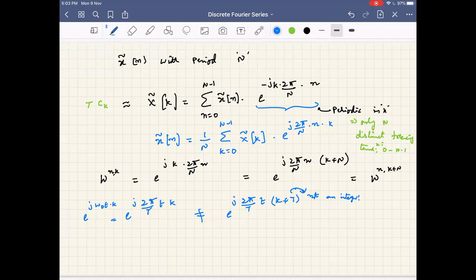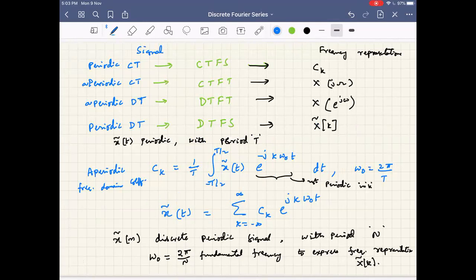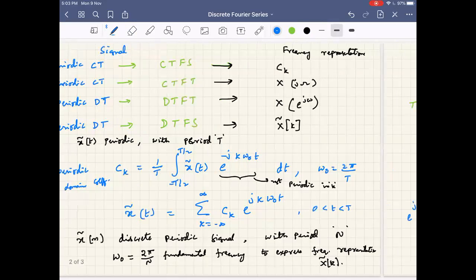So it is periodic in time domain, but not in the frequency domain. That can even be easily noted from here. This is periodic here, right? So that's why we are summing from minus infinity to infinity, the whole frequency content, to reconstruct the signal over a given period, where t may range from 0 to capital T, or minus T by 2 to T by 2.